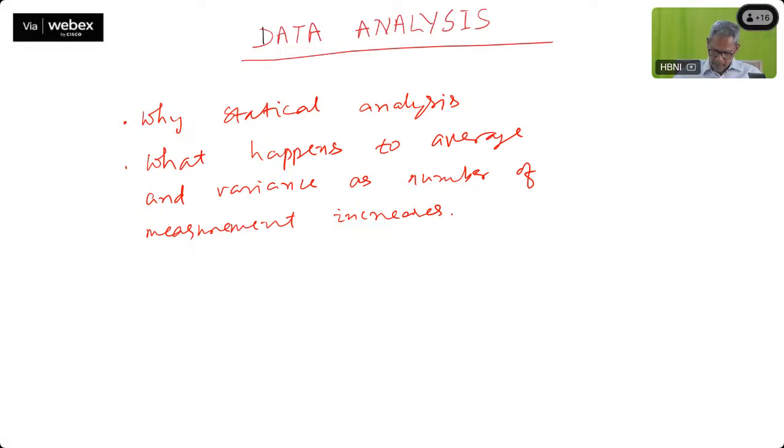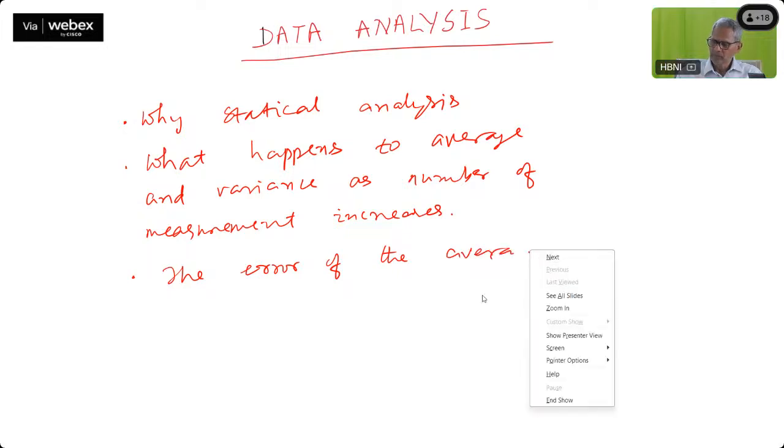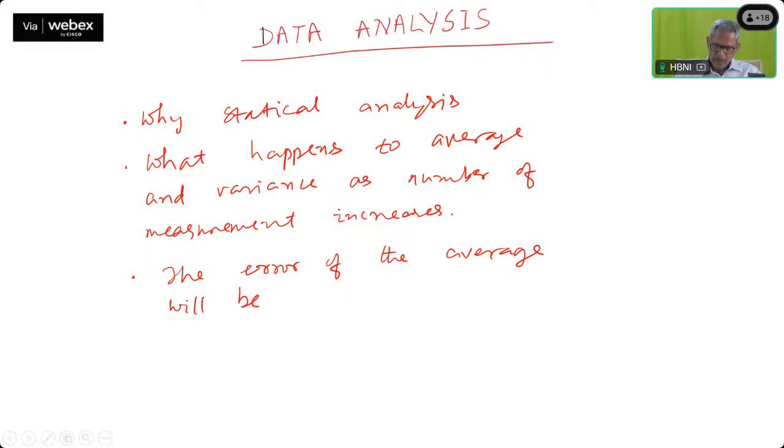And at the end of the lecture, we will be learning something very important. What we will learn today is that the error on the average will be less than the individual error.